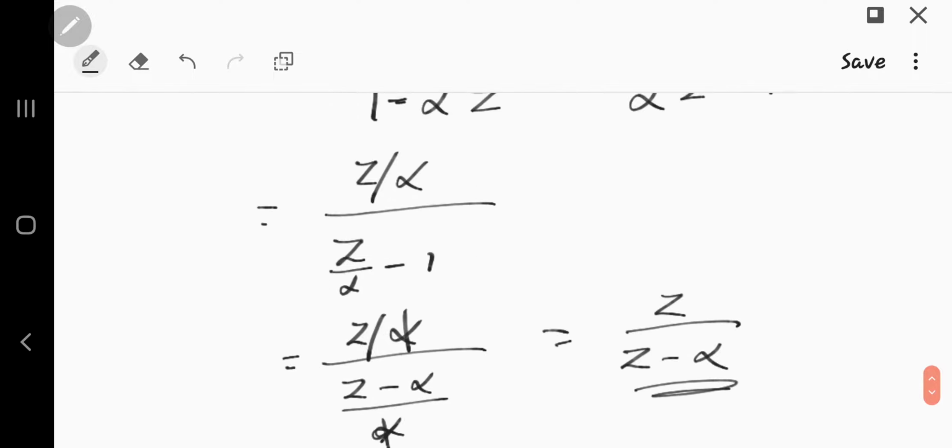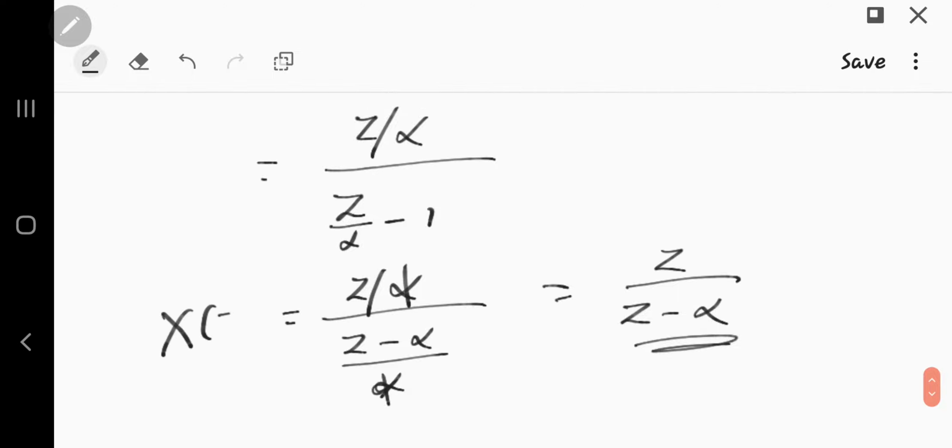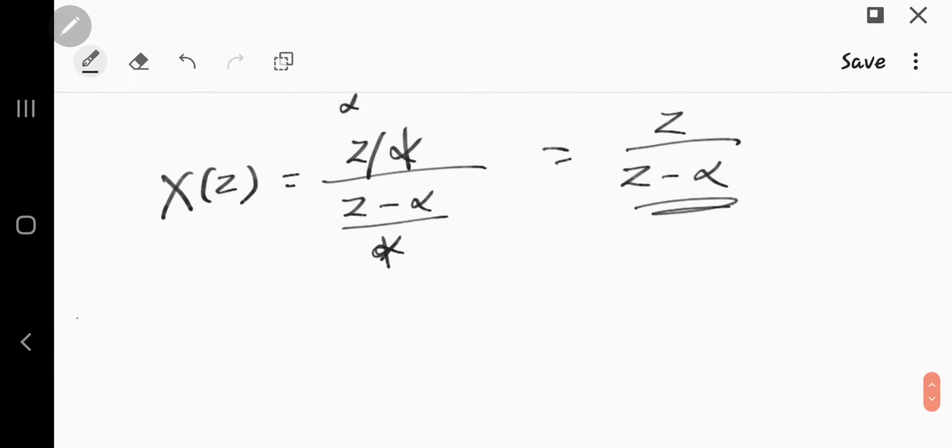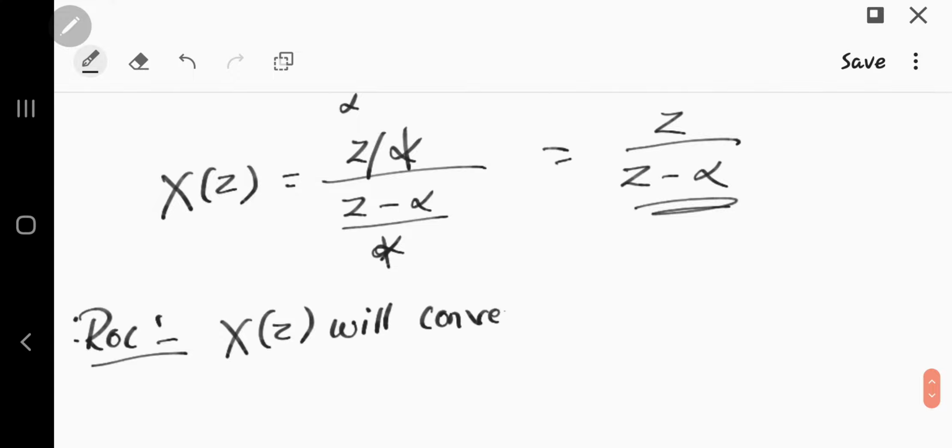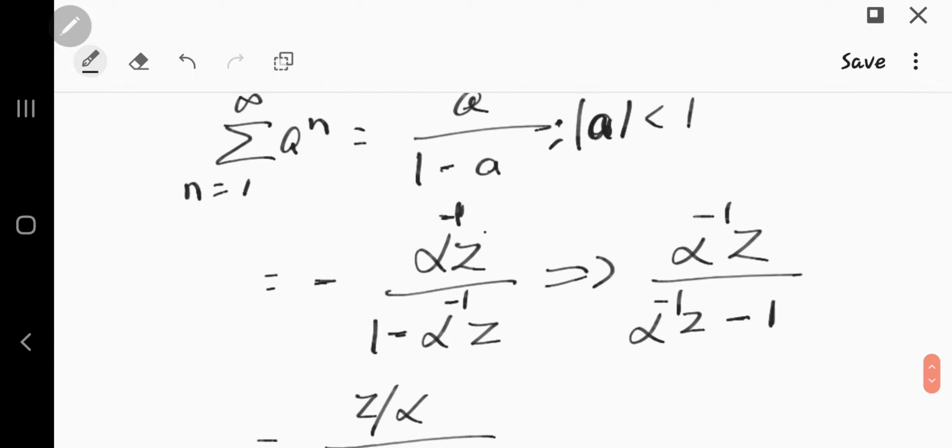Now you will get the same term as in the previous case, but coming to the ROC, X of z will converge if what is the condition?